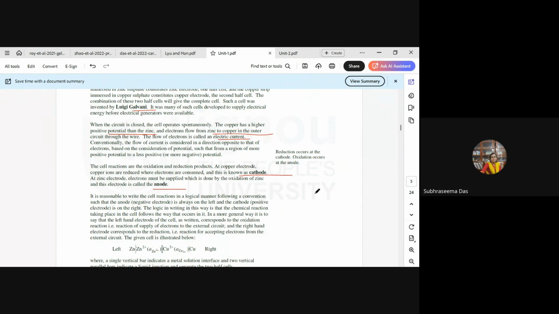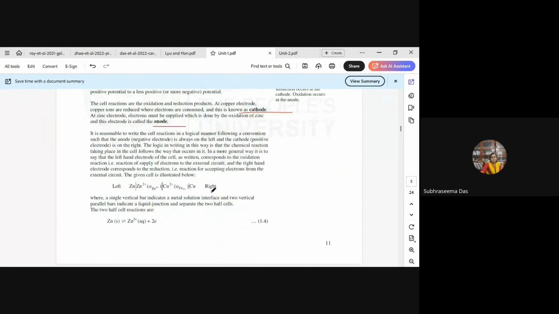So where oxidation occurs, that electrode is the anode, and reduction happens at the cathode. This is a generalized rule in electroanalytical chemistry, so we have to always remember this.